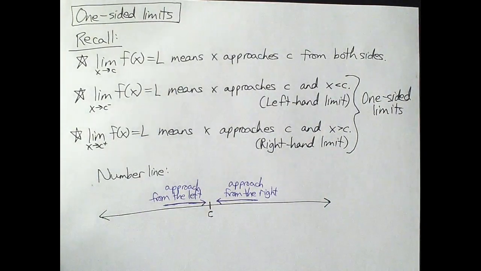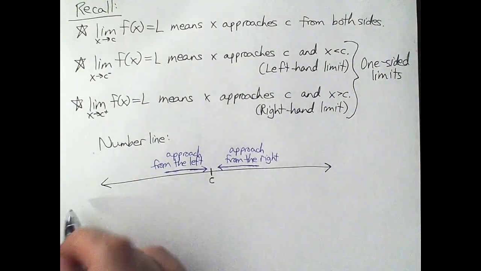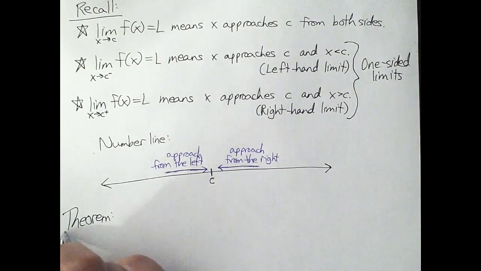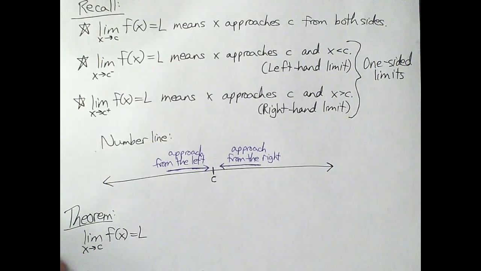Certainly it seems like these three types of limits should be related to each other, and we have a theorem about this. It says the limit as x goes to c of f of x equals L. This one doesn't have a plus sign or a minus sign, so it's just the limit.